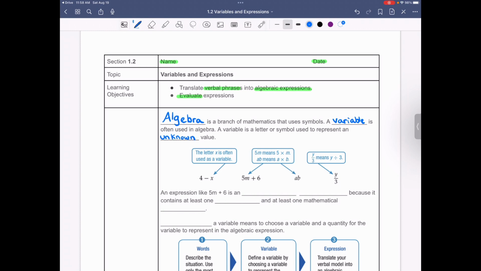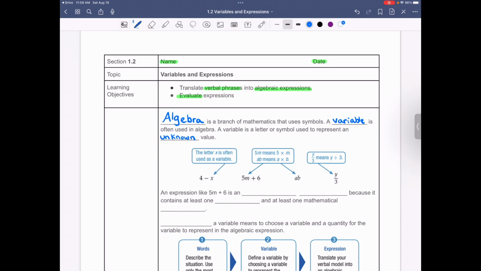And then we have some examples down here that say the letter X is often used as a variable. 5m means 5 times m. AB means A times B. And y over 3 means y divided by 3.